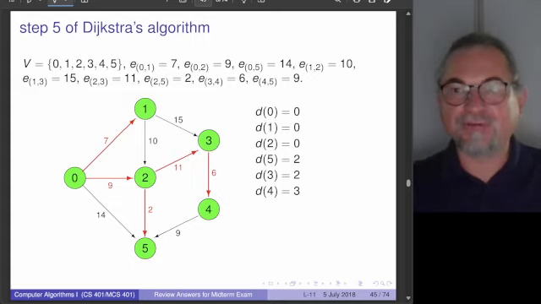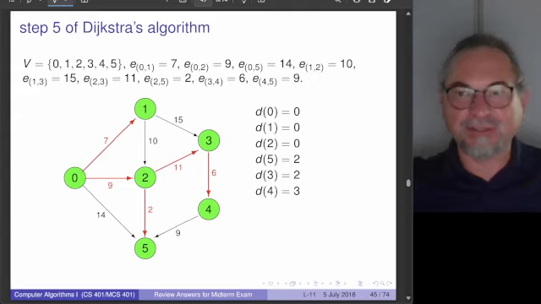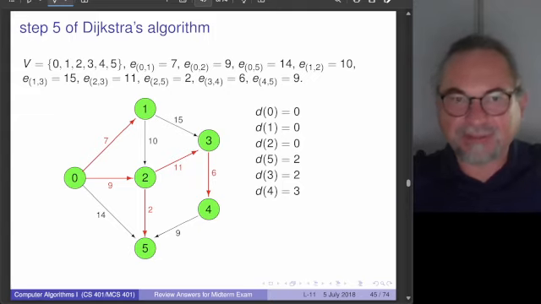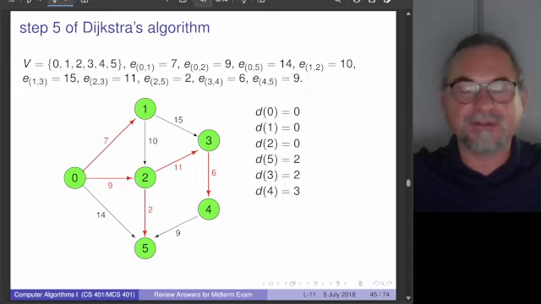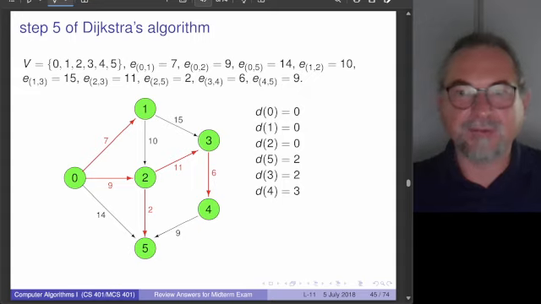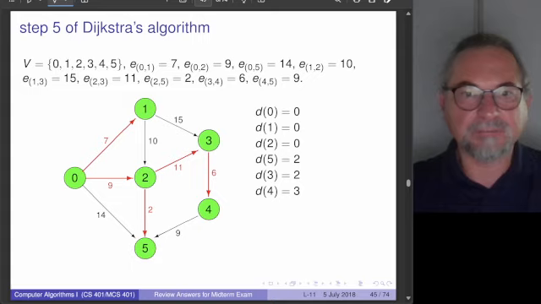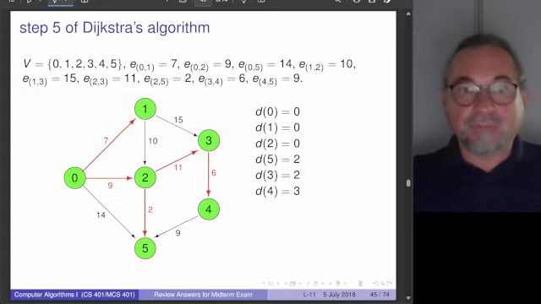So if you are running on 6 vertices and running 10 steps with Dijkstra's algorithm, something has gone awfully wrong. That's another reason why it is important to understand the properties.